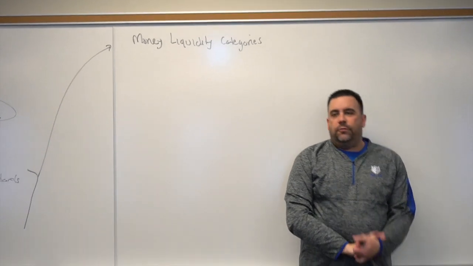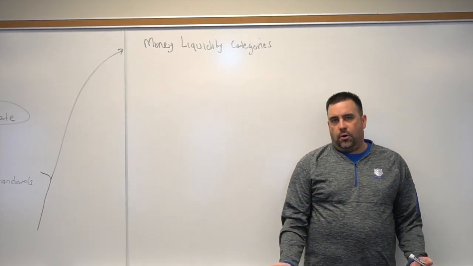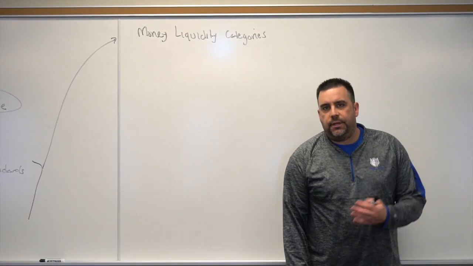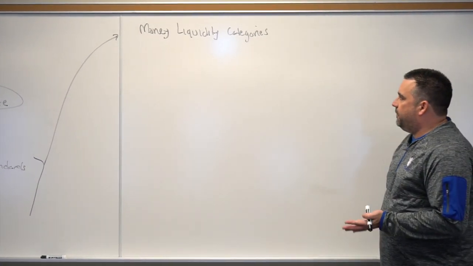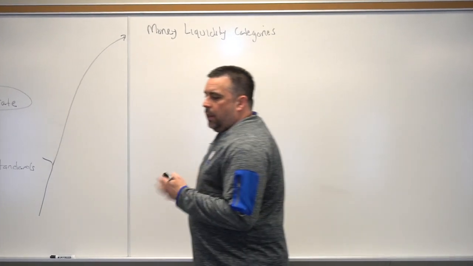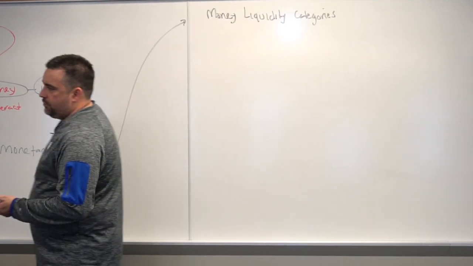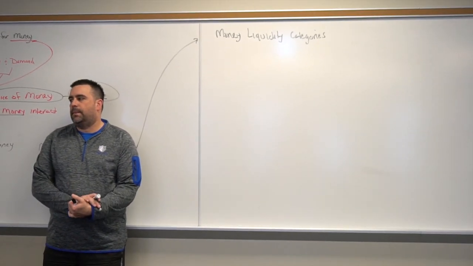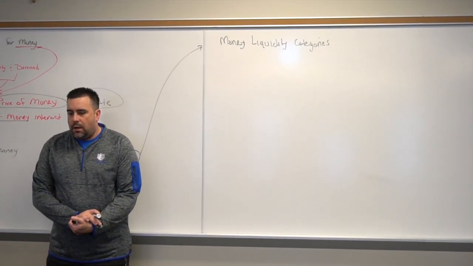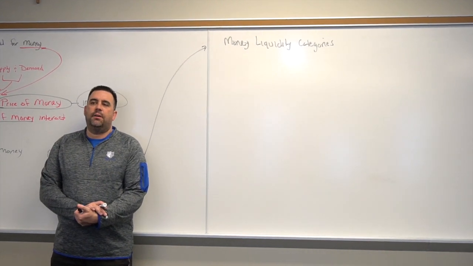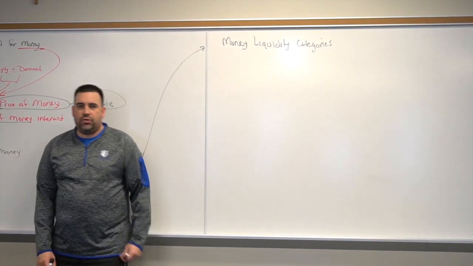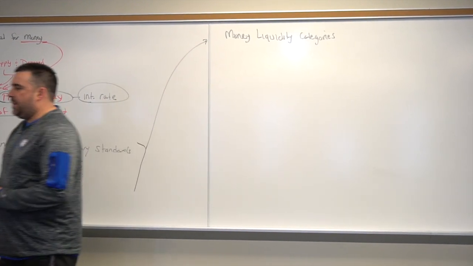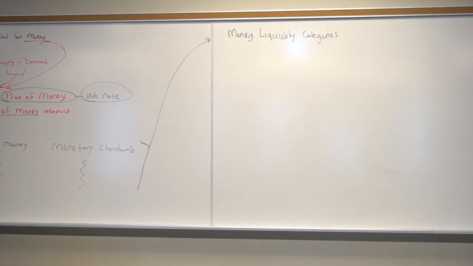Now, I think a lot of you have probably come across liquidity as a term in accounting, finance, something somewhere else in business school. But just in case not, I thought I'd give you a quick definition for it. Liquidity refers to the property of being easily converted into cash.